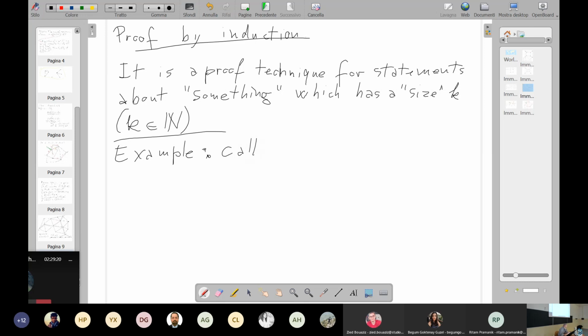Call P_k the number of permutations of k objects.